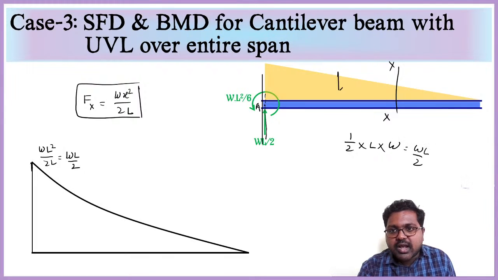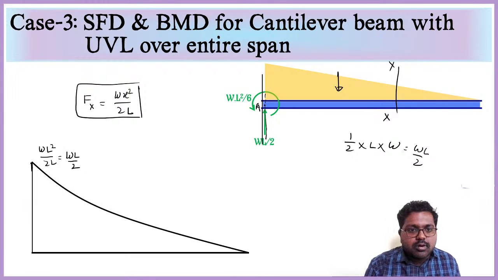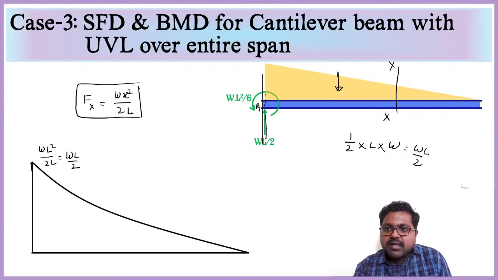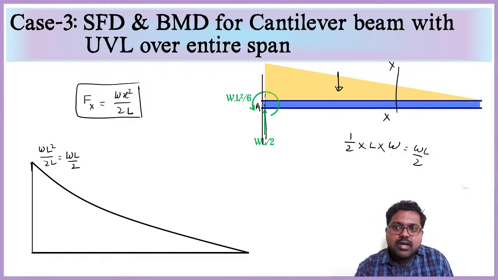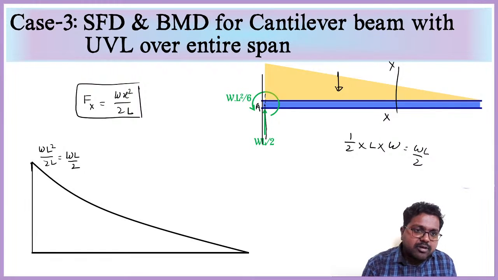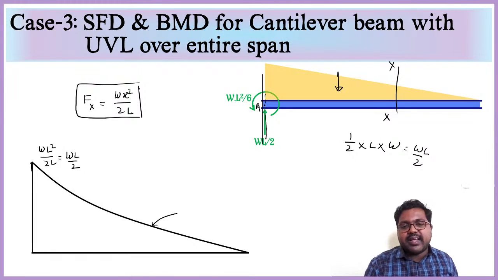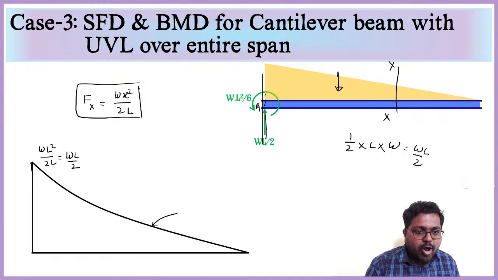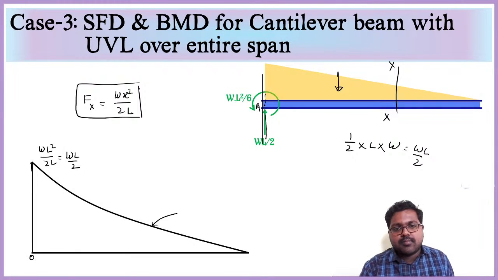The total loading of this triangle will be borne only by the opposite reaction at A. Since it is a varying load, the shear force varies from here to here in a parabolic curve fashion. It increased, and at that point, due to this point load, it suddenly dropped and became 0. Is it clear?